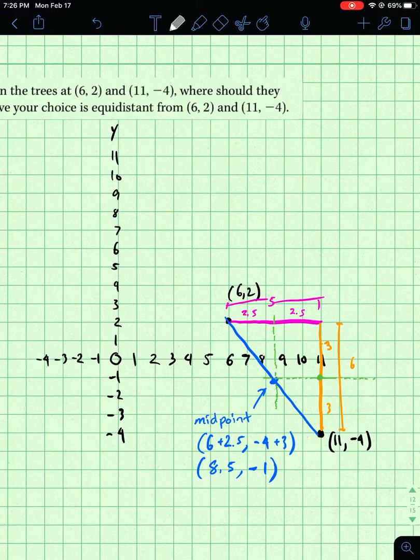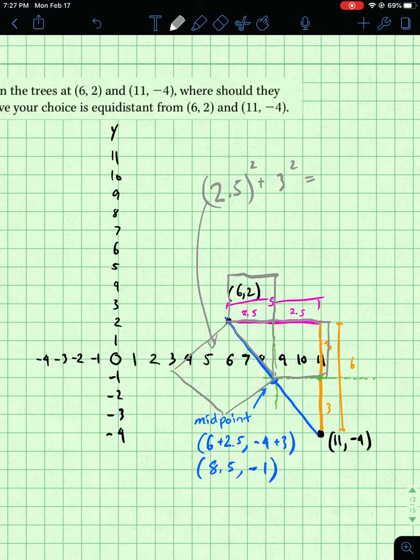So in gray, we notice we have a right triangle over here. 2.5 is the distance on this square, and going this way we have a square that is 3 big. Which means that this thing is the sum of those squares. So we know that this is 2.5 squared plus 3 squared.